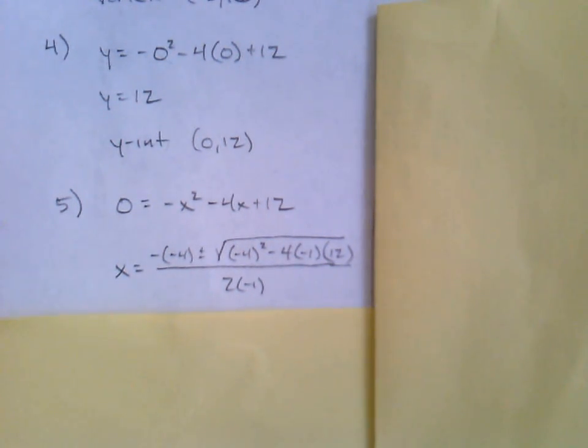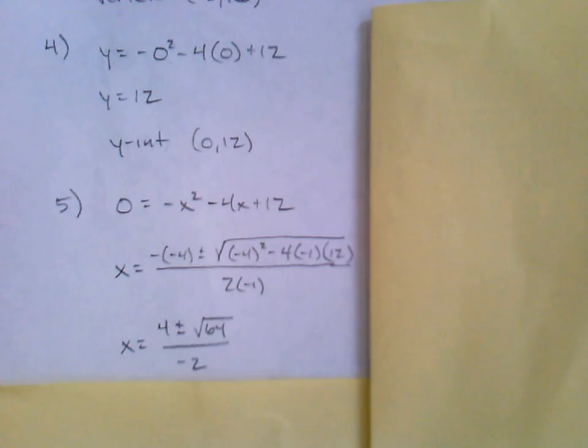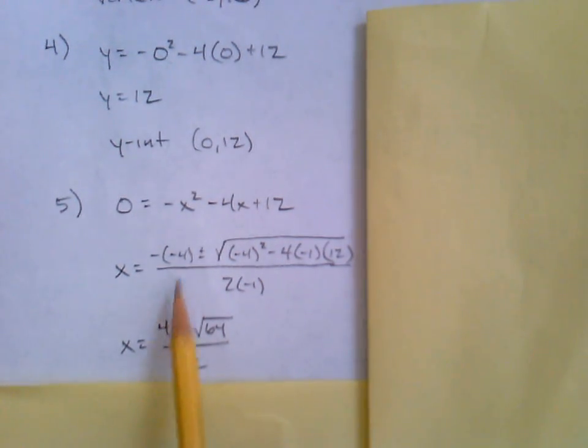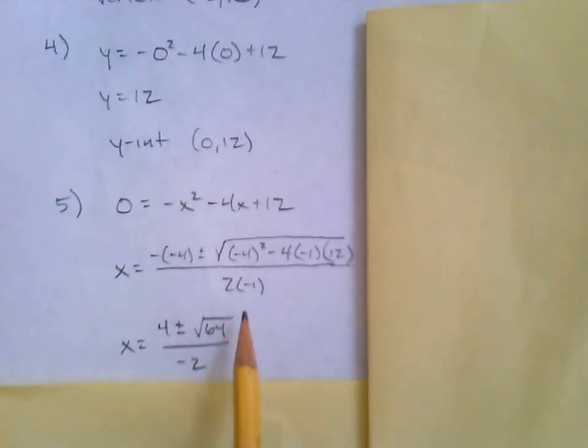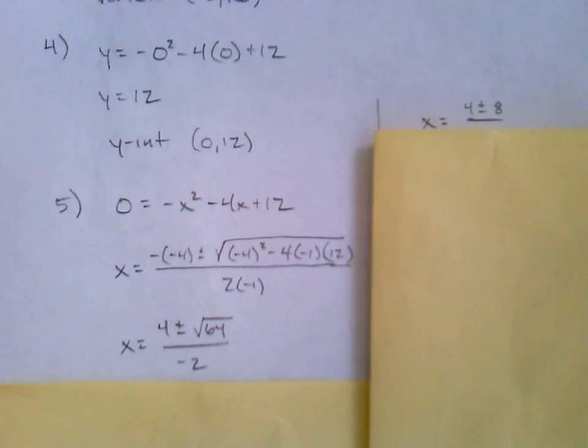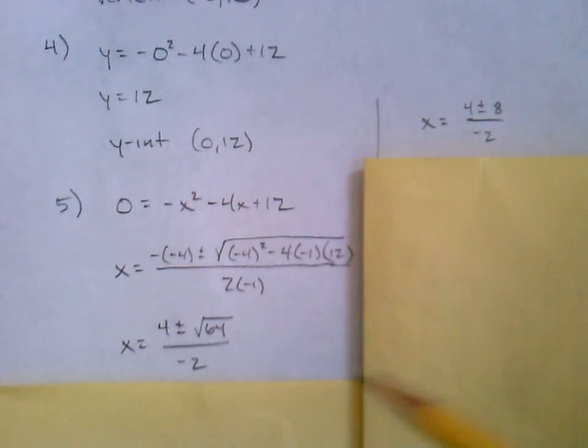Okay, -4, plus or minus the square root of the quantity -4 squared minus 4 times -1 times 12, all divided by 2 times -1. Simplifying, I get a +4, and the denominator is -2. Turns out all this works out to just be 64, which I like because I can take the square root of 64. Square root of 64 is my 8.